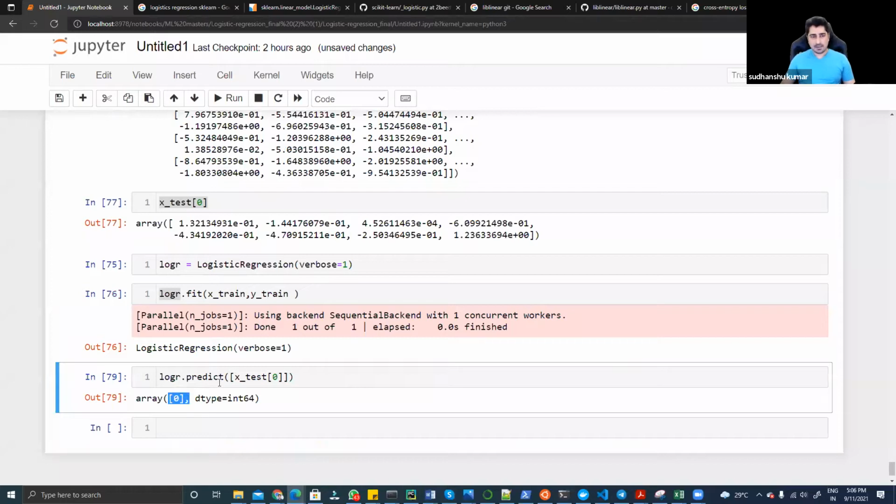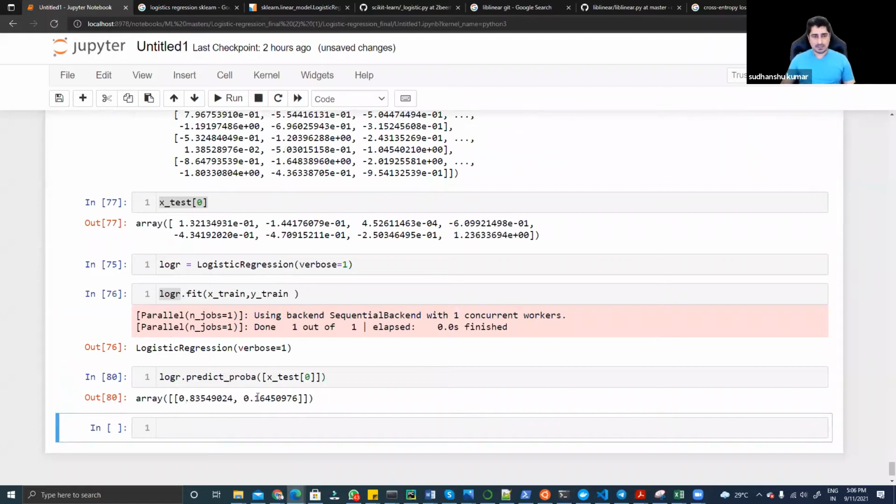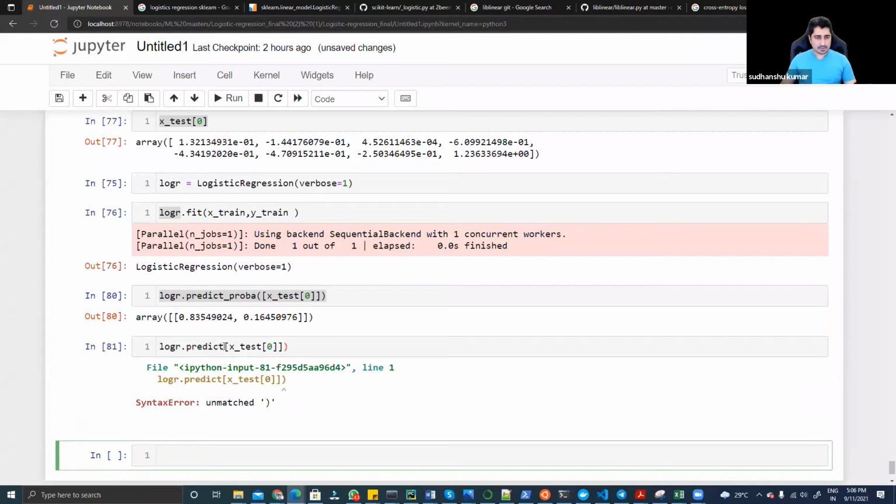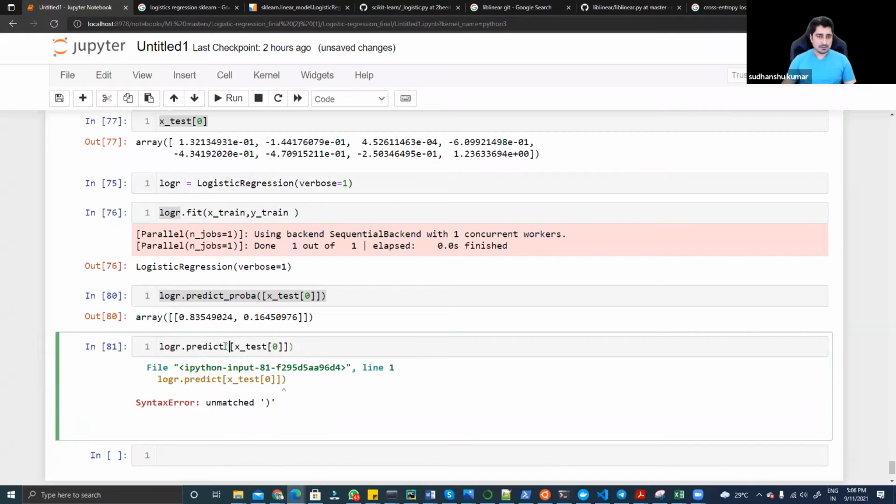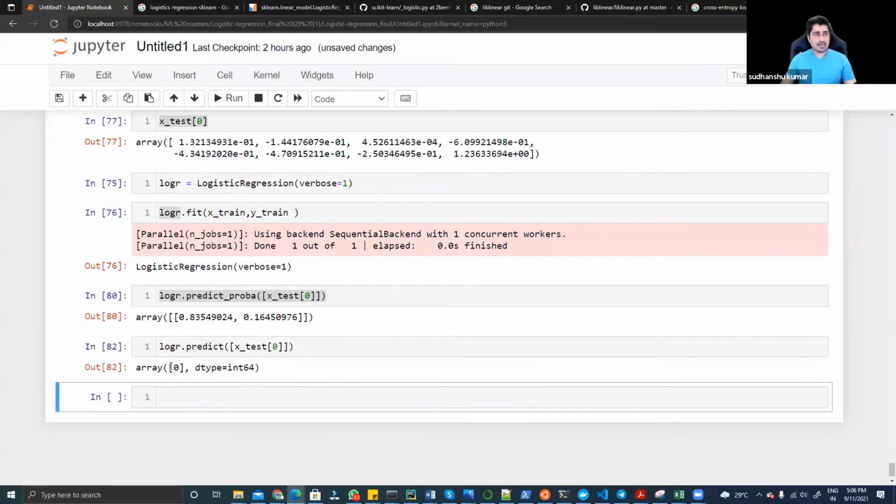And then maybe I can try to print a probability. Prediction probability wise, okay, where is the mistake? I think I have missed predict, right? So class wise 0, right?